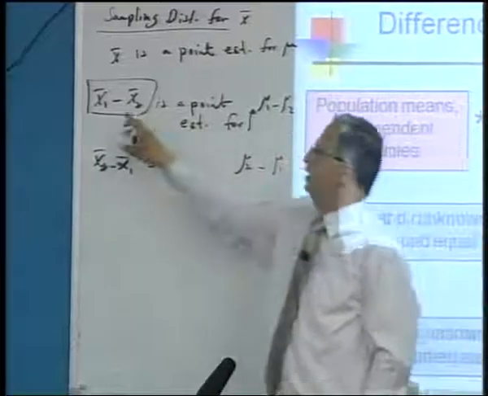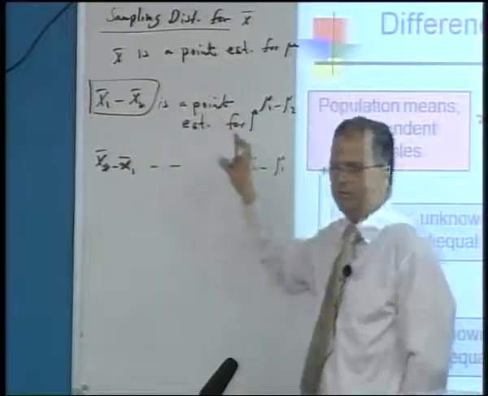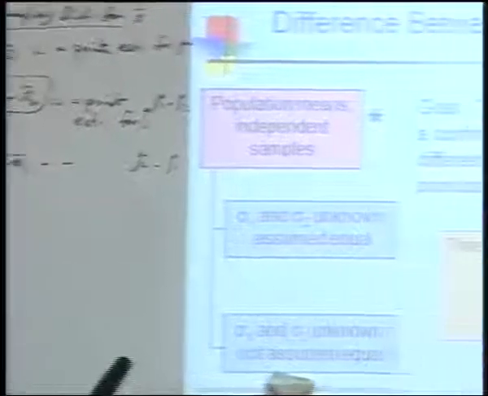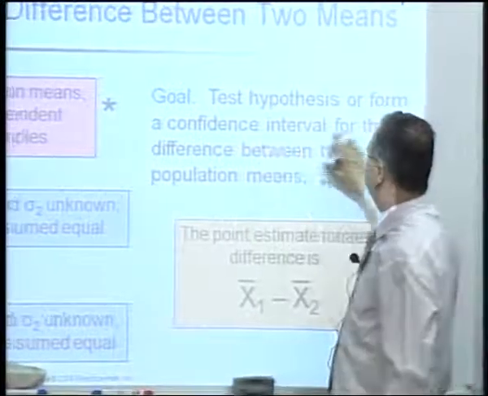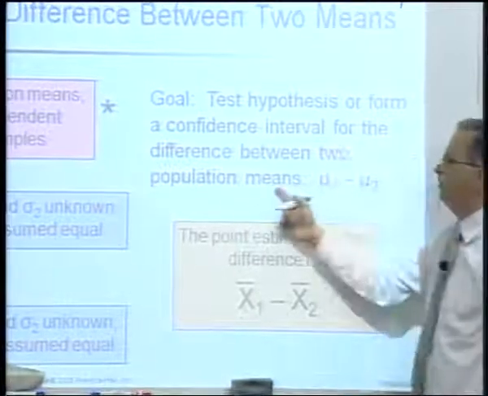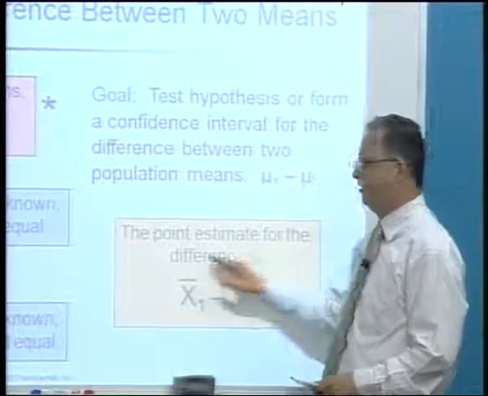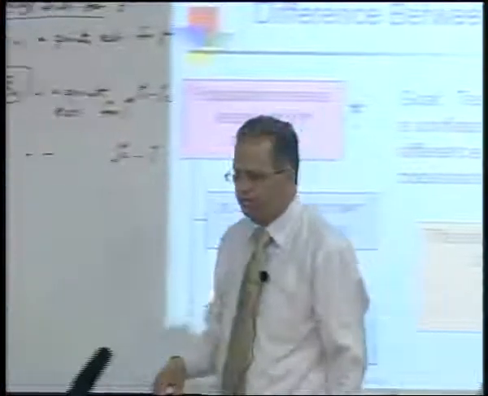Just x1 bar minus x2 bar is the point estimate for mu1 minus mu2. So again, our goal is to test hypothesis or construct a confidence interval for the difference between 2 population means, mu1 minus mu2. And the point estimate for this difference is x1 bar minus x2 bar.